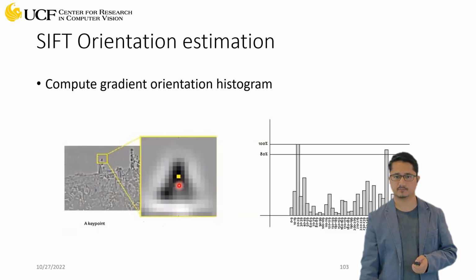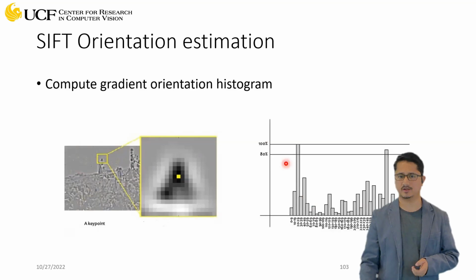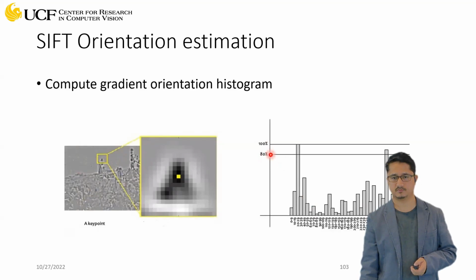You use that orientation to compute this kind of histogram for each patch. Then you keep those orientations which clear some kind of threshold.